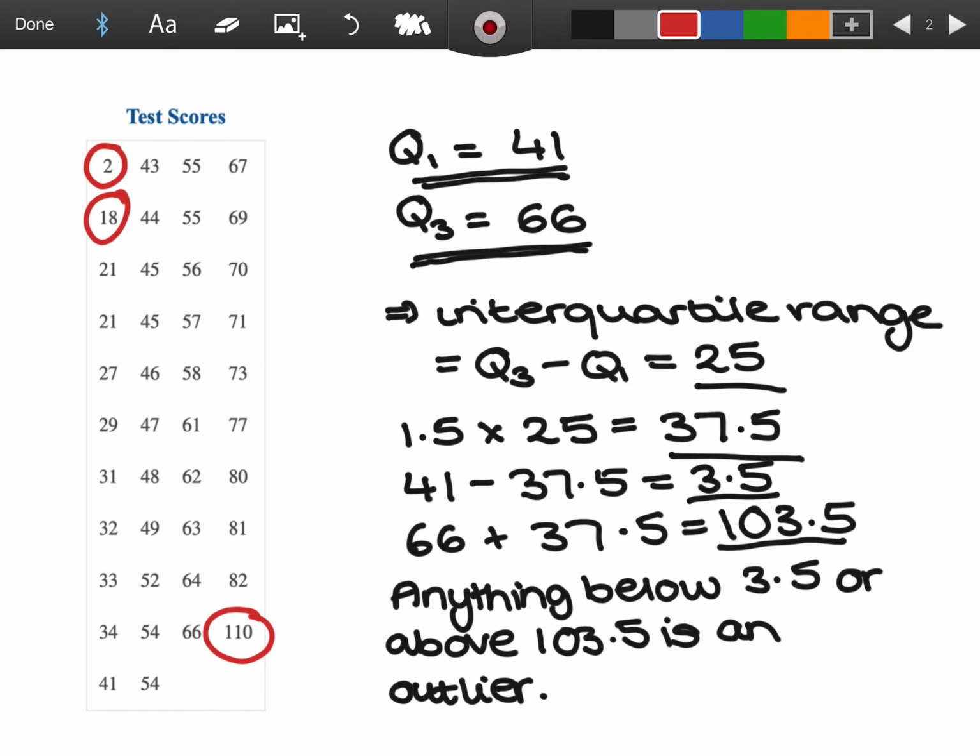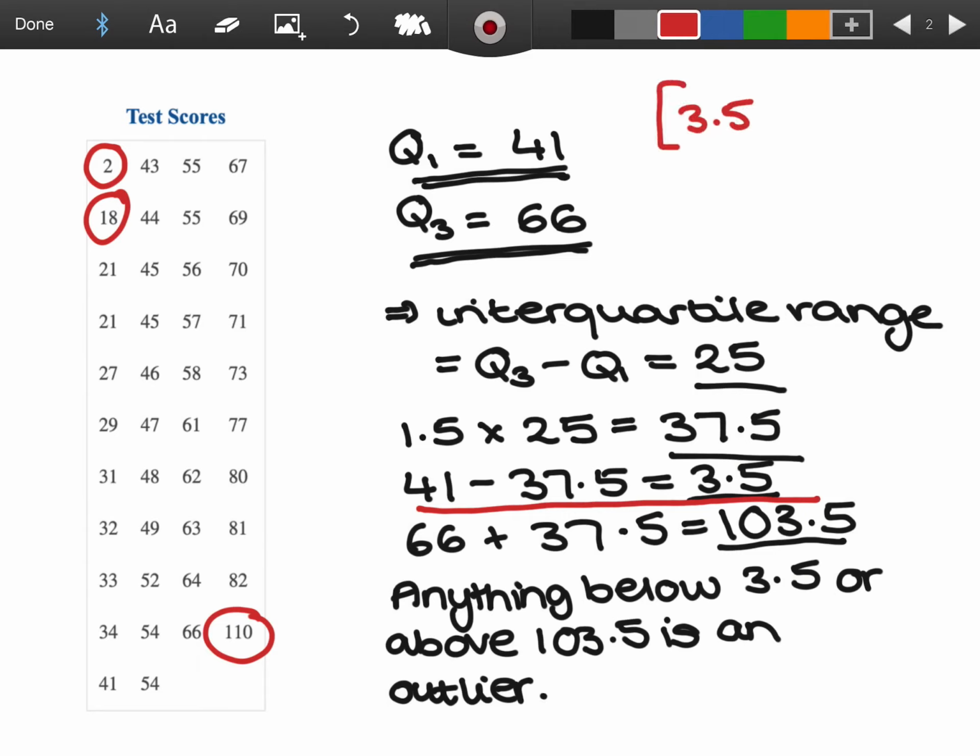So if 18 is our next smallest data point, does that fall within 1.5 times the interquartile range away from Q1? Well, 1.5 times the interquartile range away from Q1, which is what we worked out here, was down to 3.5. So anything above 3.5 is within 1.5 times the interquartile range away from Q1. So 18 is within our limits.